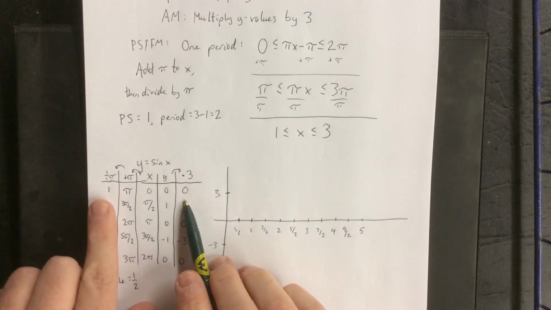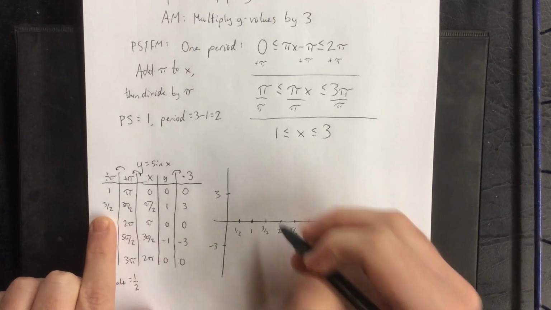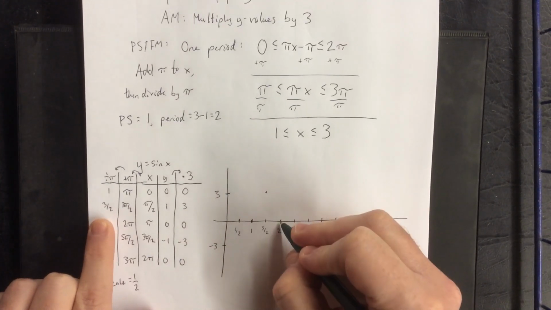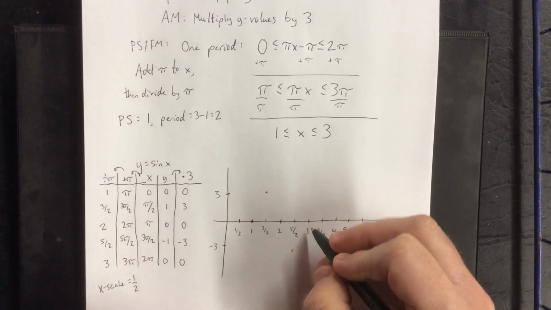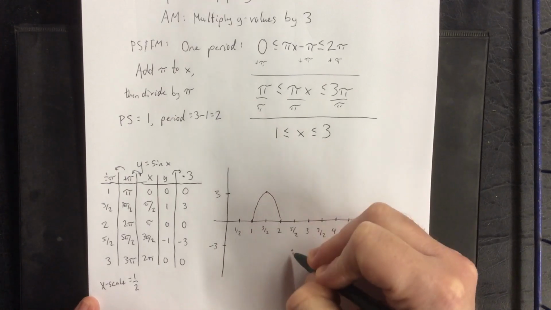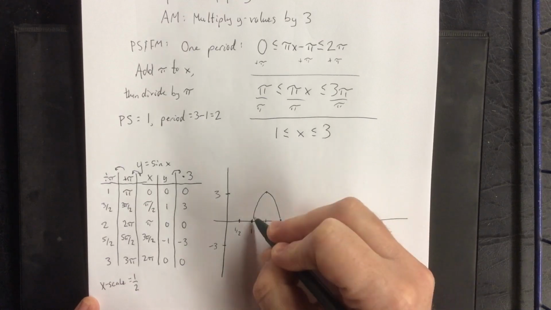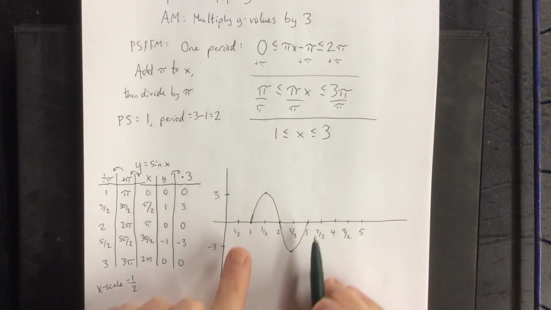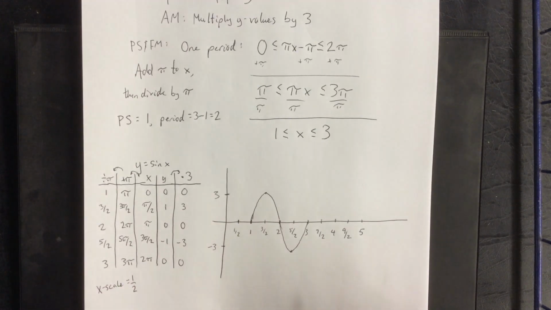So we'll start by plotting the ordered pair 1, 0, then 3 halves 3 up to a maximum, back to the midline, down to a minimum, and back up to the midline, as is typical for a sine function. Now if we're interested in drawing a second cycle, you can extend either to the left or to the right, as long as we get at least 4 more points.